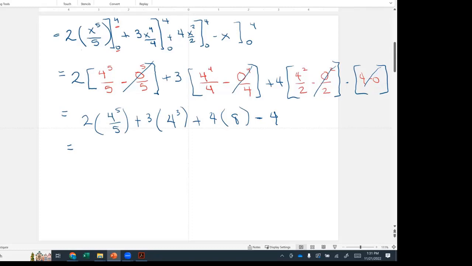And I do have the answer here as 629.6. And this is Newton meters.